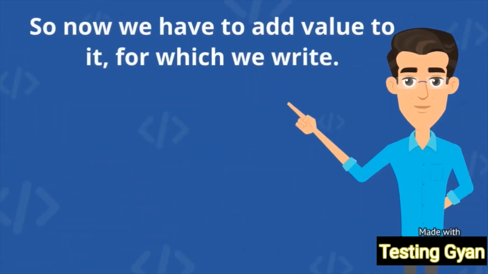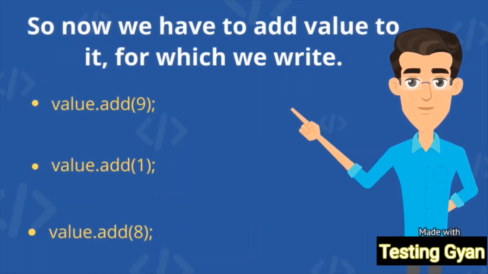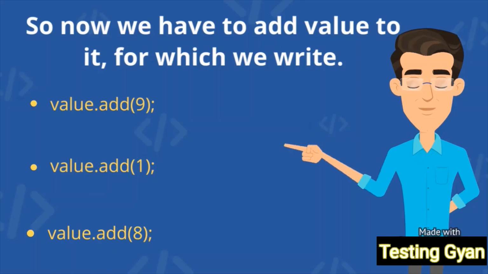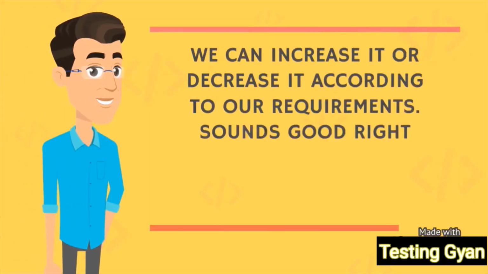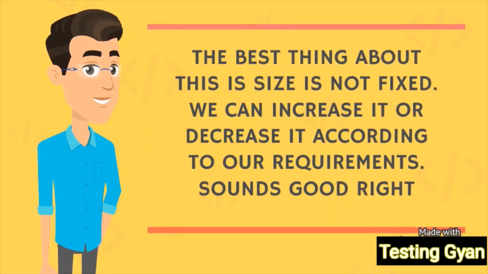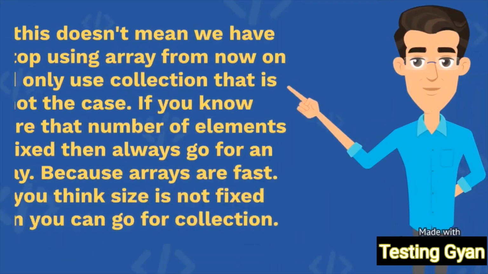Now if we want to add value to it, for that we will write values.add and whatever value we want to add, supposedly 9, and then values.add(1), values.add(8). The best thing about this is that its size is not fixed. We can increase it or decrease it according to our requirement. Sounds good, right?